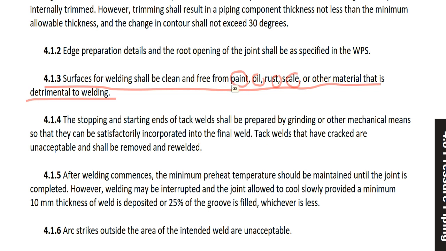But you're not able to check this paint, oil, rust, scale with the plastic replica piping specimen. So this kind of provision is not in the actual questions, so you don't have to worry about this. 4.1.3.